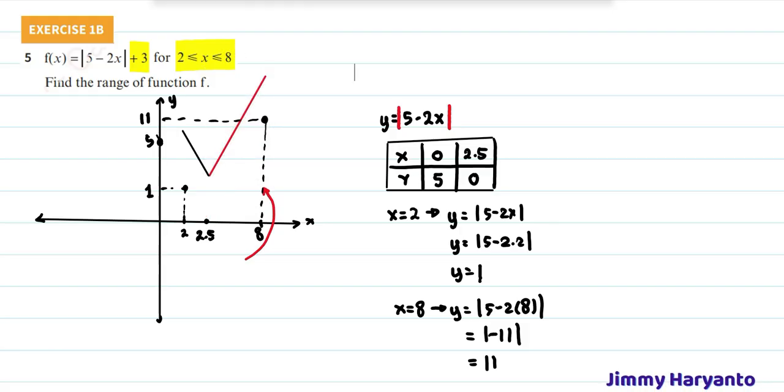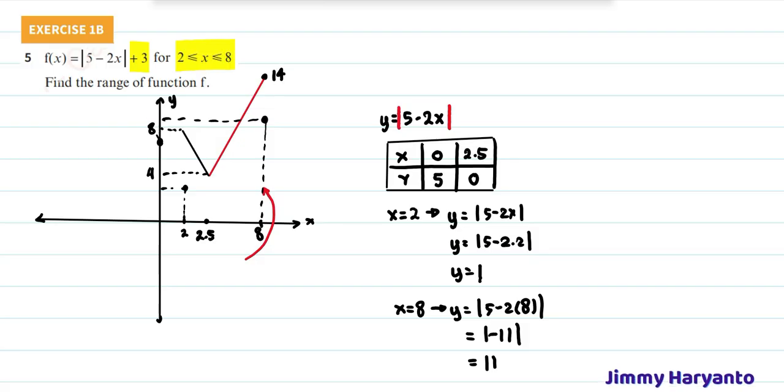So this point will end at 8 because it's 5 at the first, and then this point will end at 4 because it's 1 before you move it up by 3 units. And then this point, it's 11 before you move it up, so it will become 14.